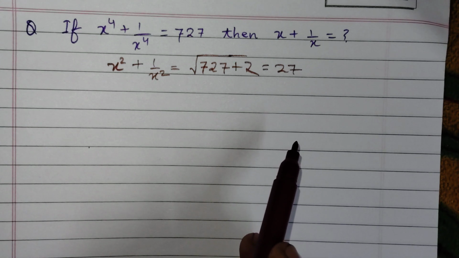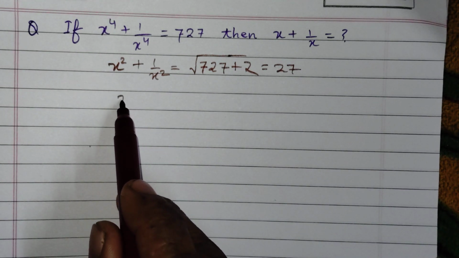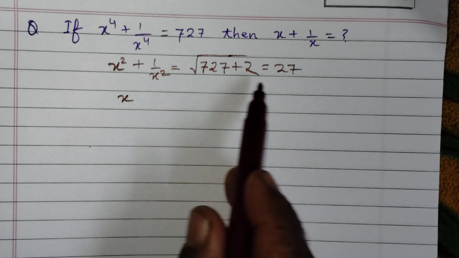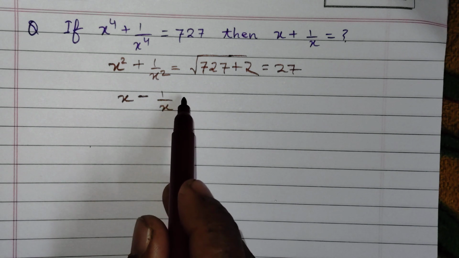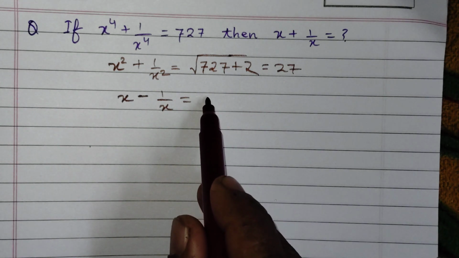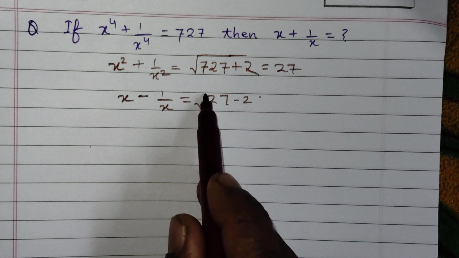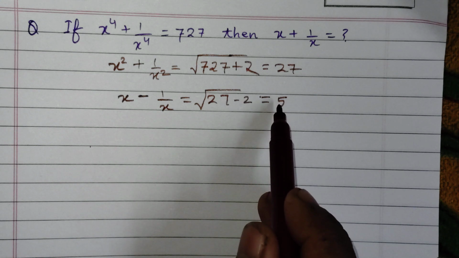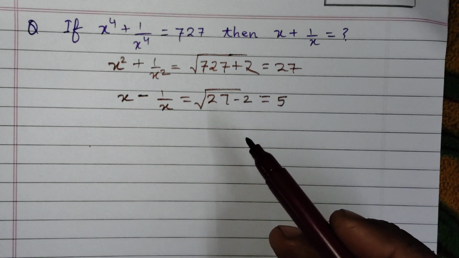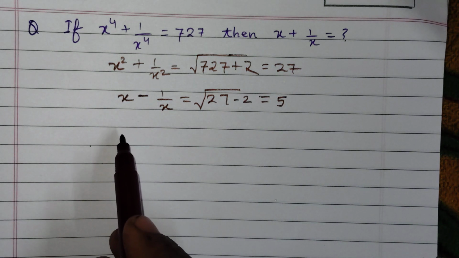Now we can find x minus 1 upon x by subtracting 2 from both sides. So 27 minus 2 in square root gives us square root 25, that means 5. So x minus 1 upon x is 5. Now we need x plus 1 upon x.